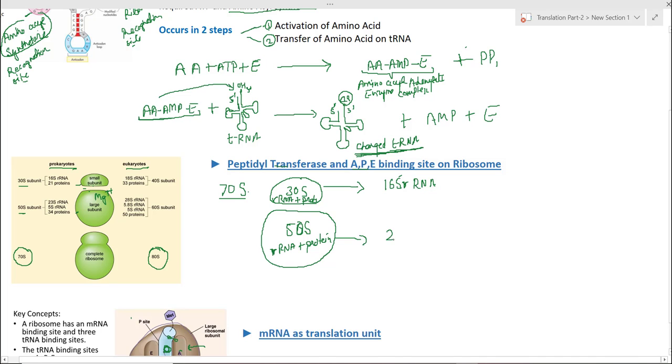In the larger subunit there is 23S ribosomal RNA, and one more ribosomal RNA is the 5S ribosomal RNA, plus protein. These are the ribosomal RNAs present in the different subunits. The smaller subunit has 16S ribosomal RNA, and the larger has 23S and 5S. This 23S ribosomal RNA is also known as a ribozyme.